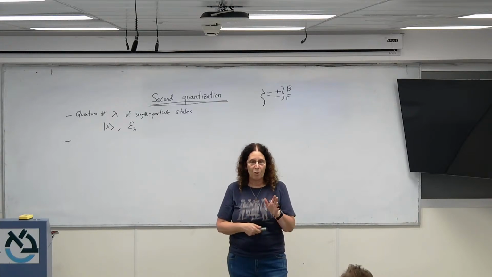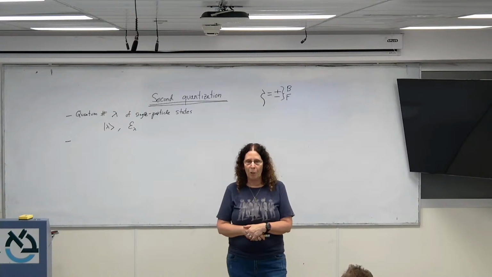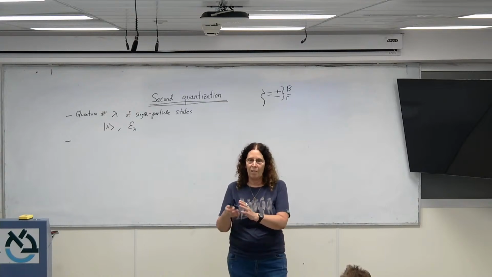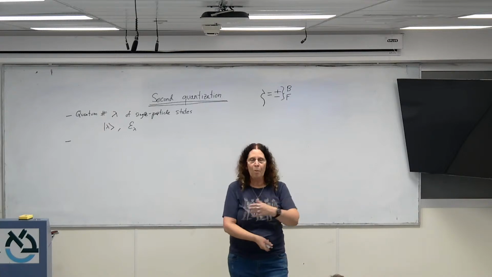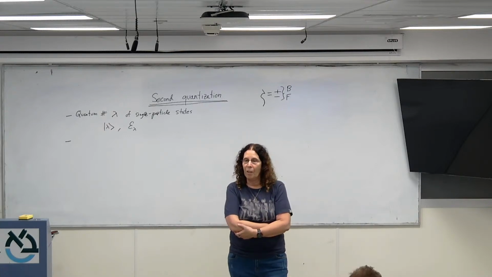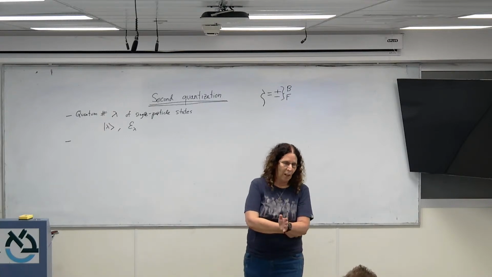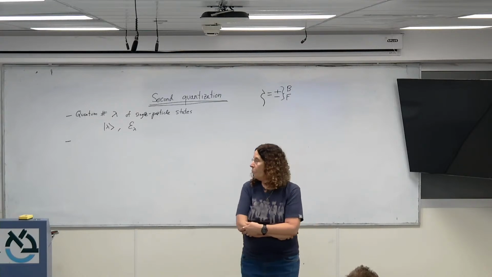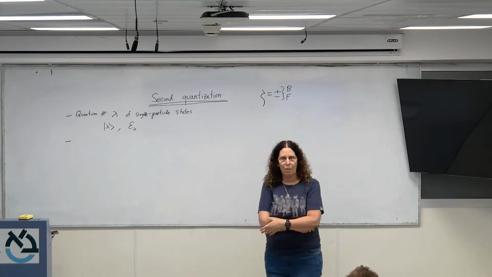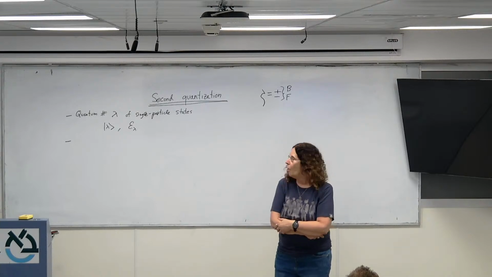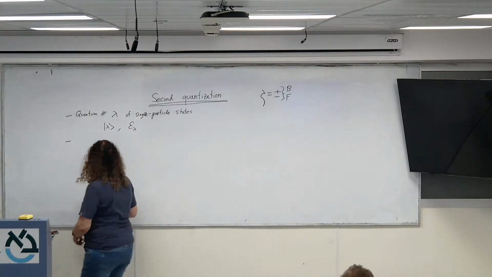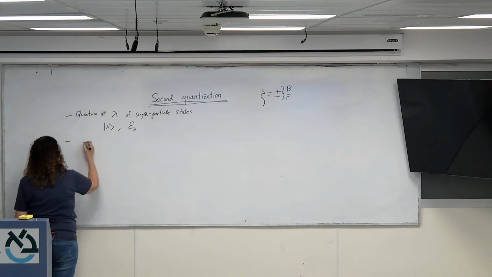You can have such exotic things. I'm just mentioning it on the side, but the elementary particles that build our world are constrained to be either bosons or fermions. So the other piece of information we need is statistics.